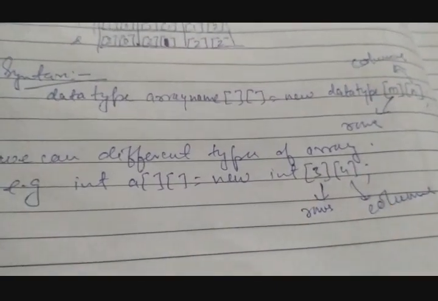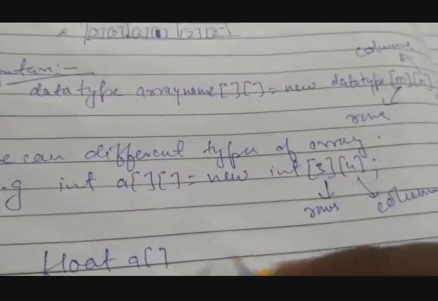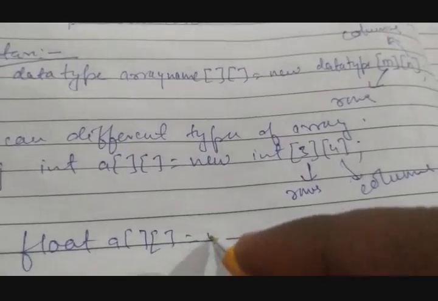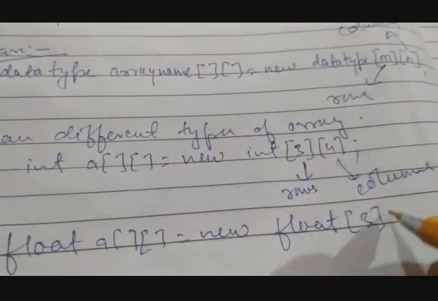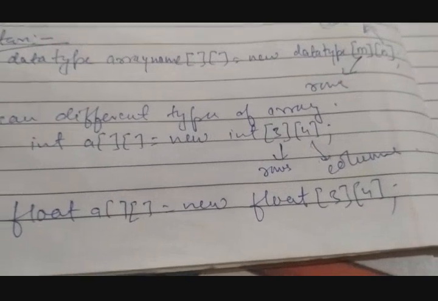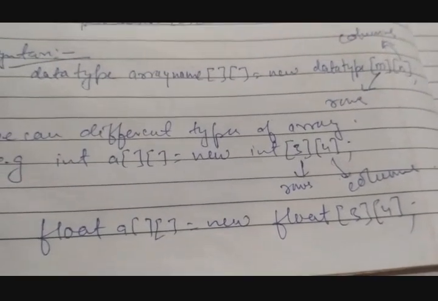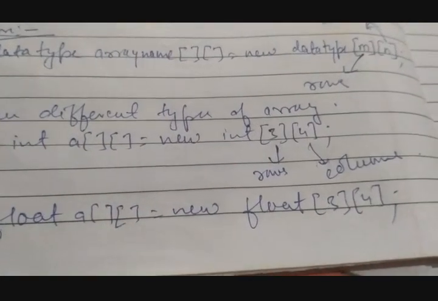Likewise, you can create a float array equals new float 3, 4. So it is going to hold values of float type having 3 rows and 4 columns.